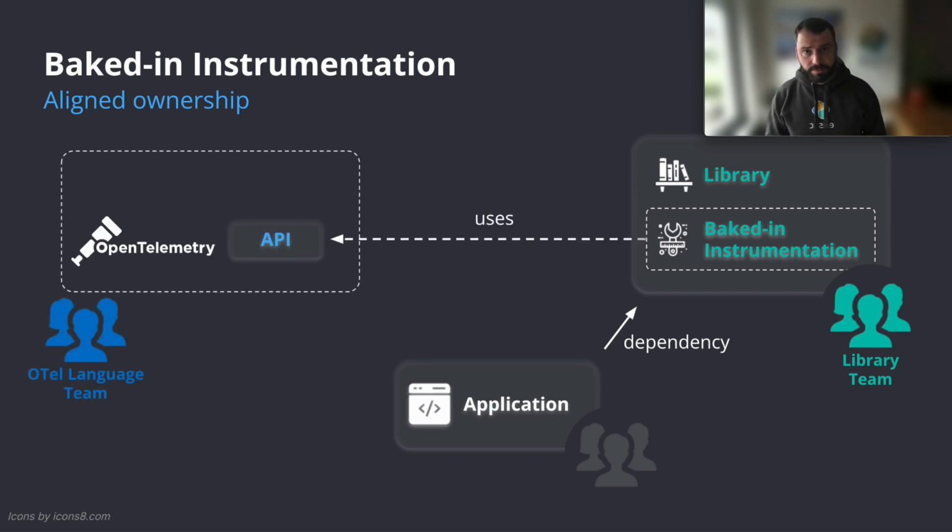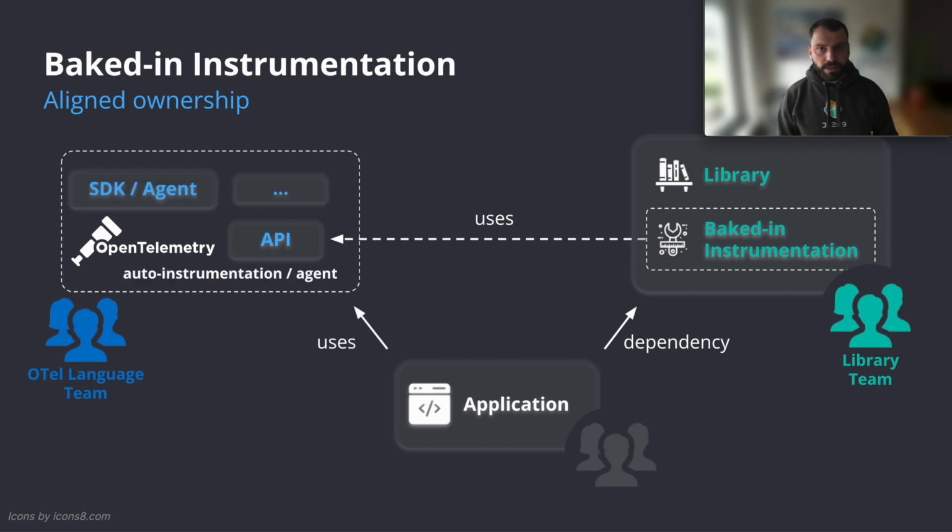The instrumentation uses a lightweight API from OpenTelemetry to define what, where, and also how to capture data. Your application would still use the OpenTelemetry agent. That agent comes with the implementation for the API that the baked-in instrumentation uses. And the agent also makes the baked-in instrumentation functional at the runtime of your application.